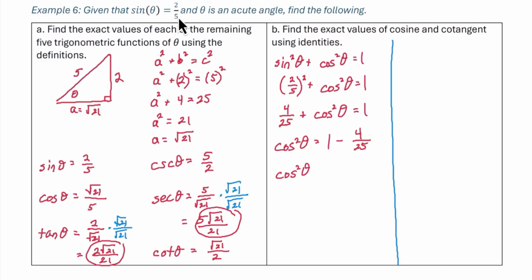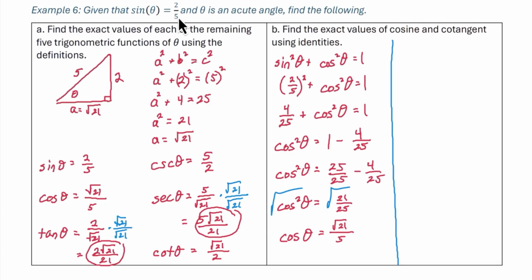If we want to show every step, let's write that 1 with a common denominator of 25 so that we can combine these two fractions. Cosine squared theta is 25 minus 4 is 21 divided by 25. We then want to take the square root of both sides to get cosine theta equals the square root of 21, and then the square root of 25 is 5. So we now have cosine theta.